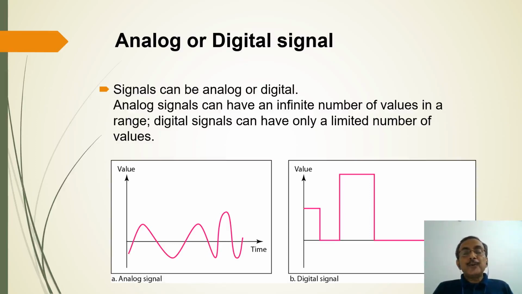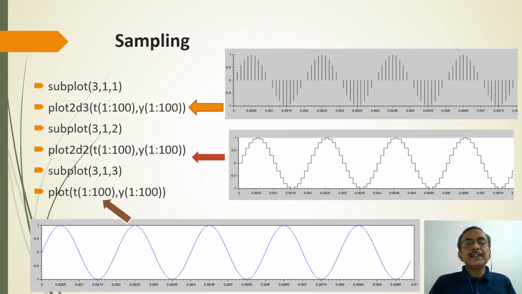And in order to process any sort of signal on computer, we have to convert that analog signal into the digital format. Let us now discuss the process involved in converting an analog signal into the digital signal. The very first step is the sampling, as we have actually seen when we defined the value of time with an increment of 0.0001.